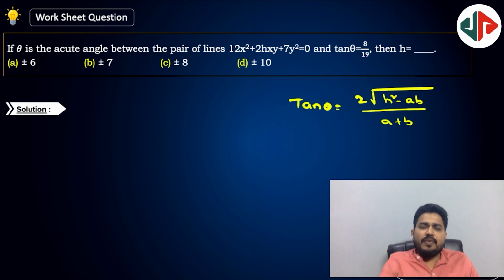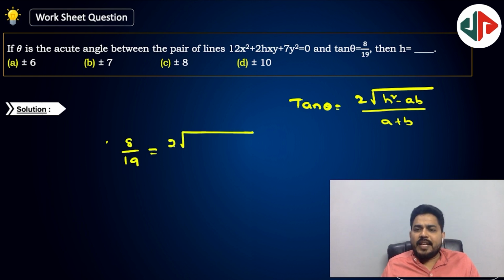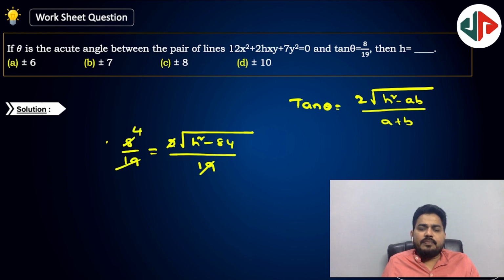So if you use this formula, 8 by 19 is equal to 2 root over h square minus ab, 84, by a plus b, which is 19. 19 cancel, 2 4s.